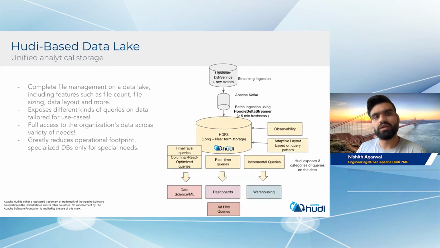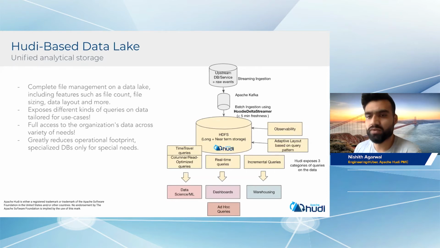So if you were to look at a Hudi-based data lake, what does it look like? On the right-hand side, the diagram is illustrating this. You have your upstream database service, raw events, and then you ingest them through a pub-sub system like Kafka. And then you can use an ingestion framework that Hoodie provides out of the box, which you can use to do ingestion, maybe at close to 5 minutes freshness.